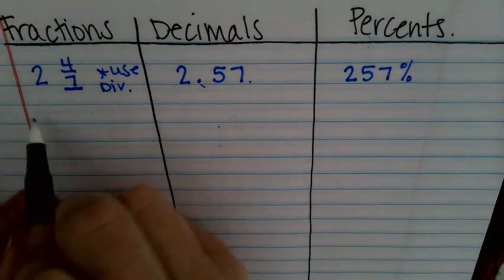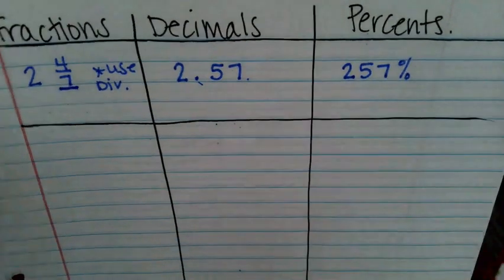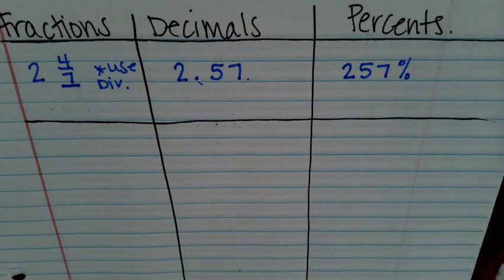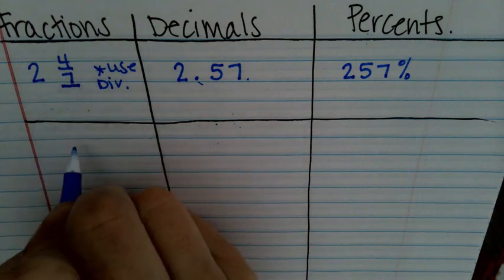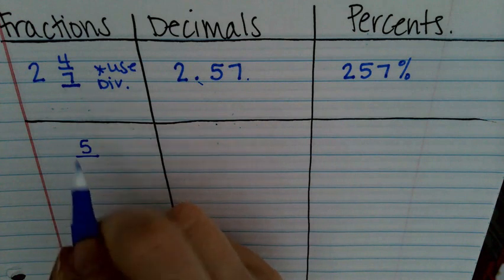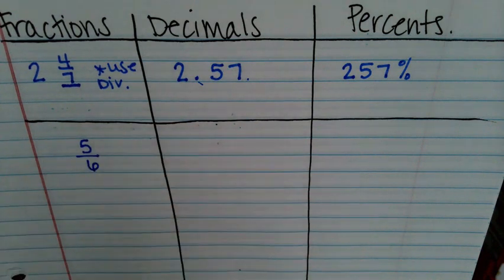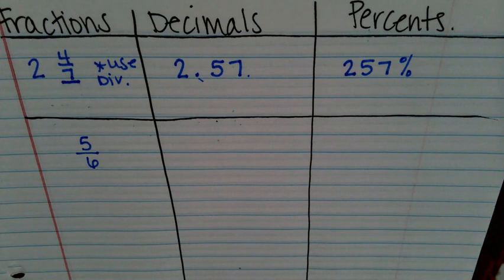Okay, let's try another one. What if I had 5/6? If you have 5/6 and I want to convert that to a decimal, I probably also want to use division.